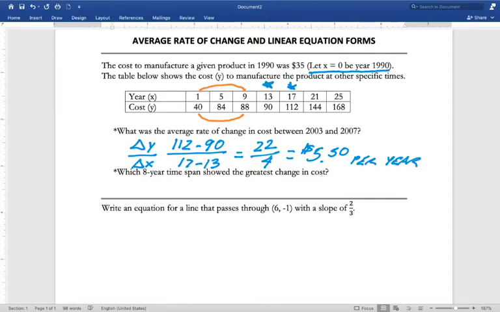So let's do that again, and you'll notice that the table worked out kind of nice: 5 to 13 is also 8. And as is 9 to 17, as is 13 to 21, as is 17 to 25. So basically I just need to look at these gaps between every other set of numbers and figure out which gap is the largest.